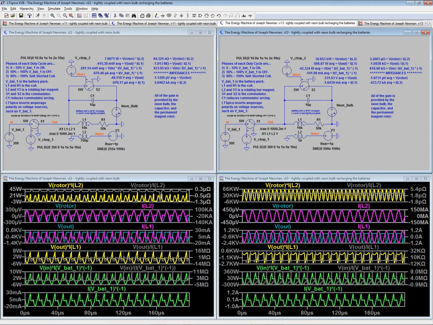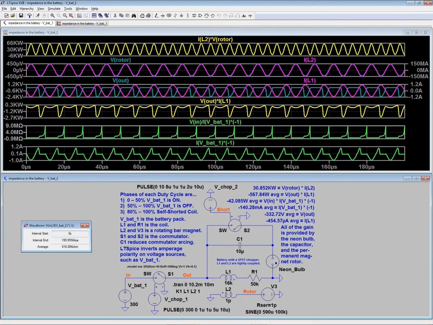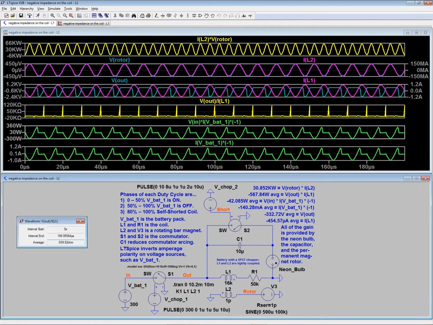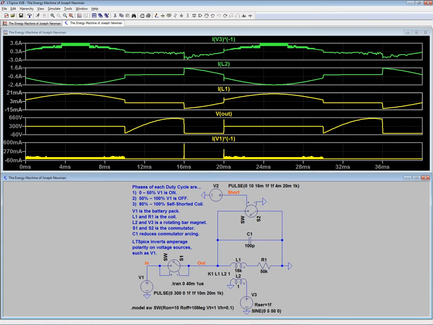If you have arcing on the commutator, then you have to put in the self-shorting of 20%, the last 20% of every duty cycle, during the last half, when the motor is off, the battery pack is off, to prevent arcing when you re-engage the battery pack.